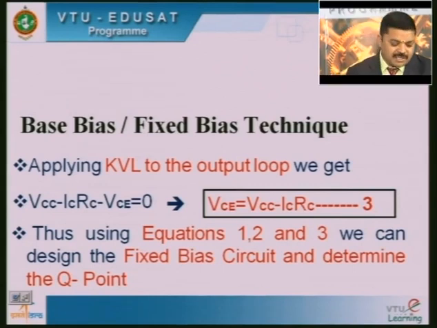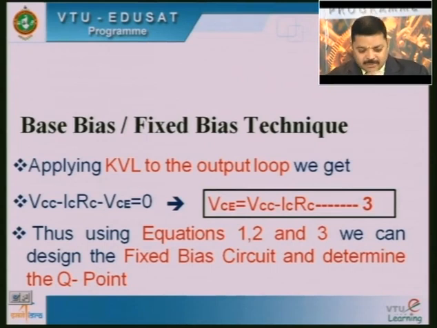But we will see what are the disadvantages of fixed bias technique later. So, as I showed here in the PPTs, applying KVL to the output loop, we get VCC minus IC RC minus VCE equal to 0, which gives us VCE equal to VCC minus IC into RC. As IC is constant and RC is constant and VCC is also constant, equation 3, VCE equal to VCC minus IC RC, is constant.